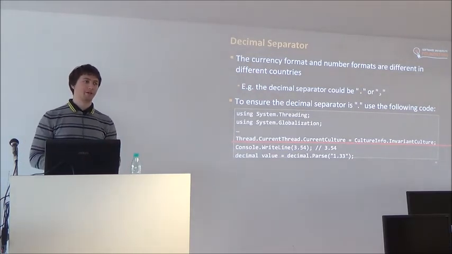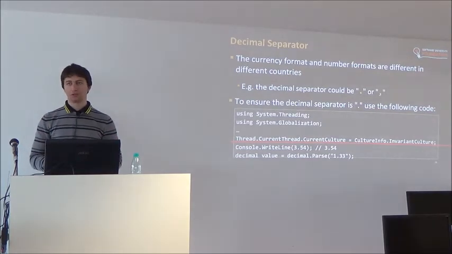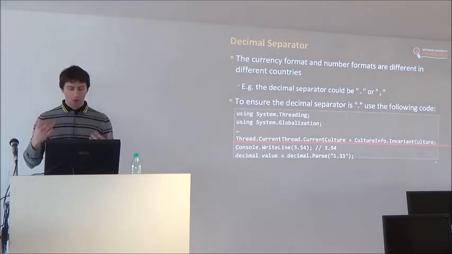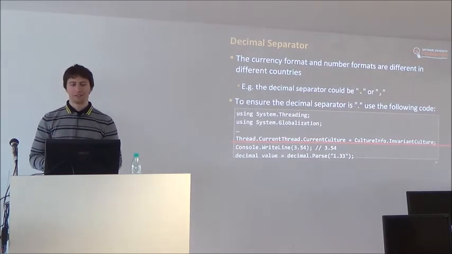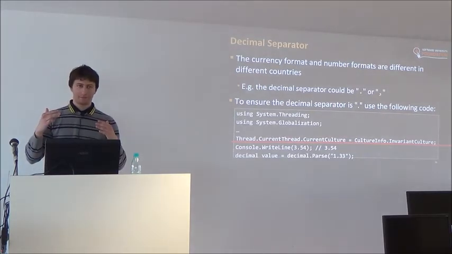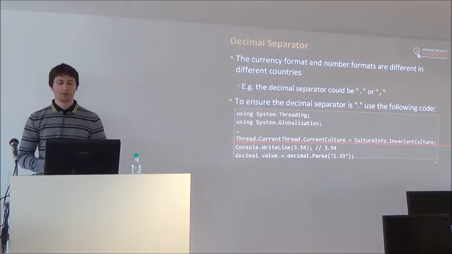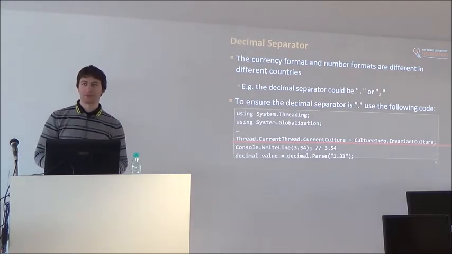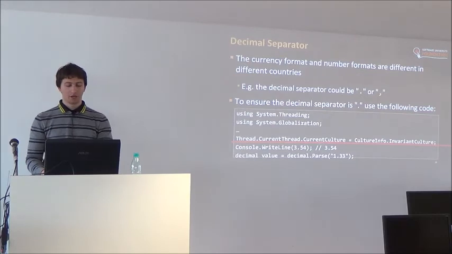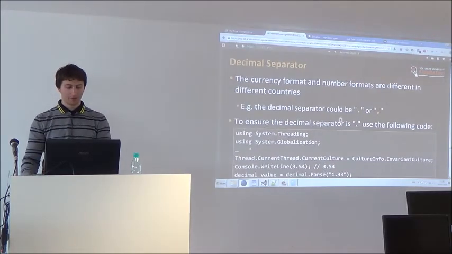Regardless of what your configuration is, regardless of who's reading your code and their configuration, it will always be a dot. Invariant means it does not vary. It's the same, it's constant, so it's the way to change the default separator without changing the system configuration. Only the code will be run.